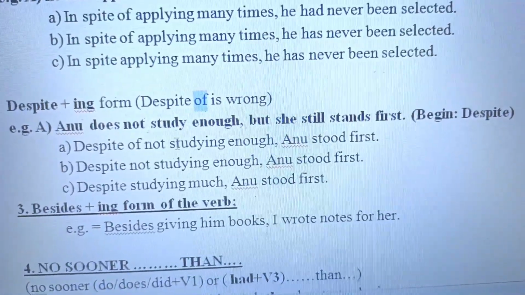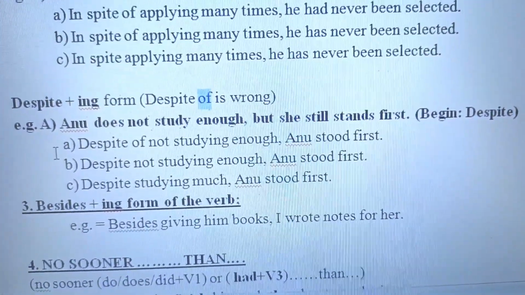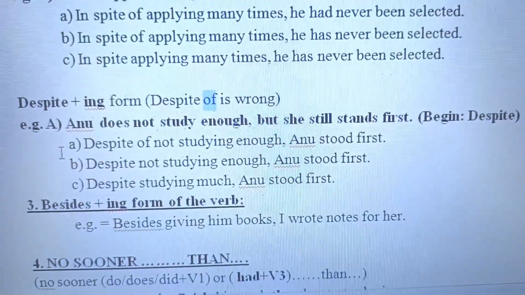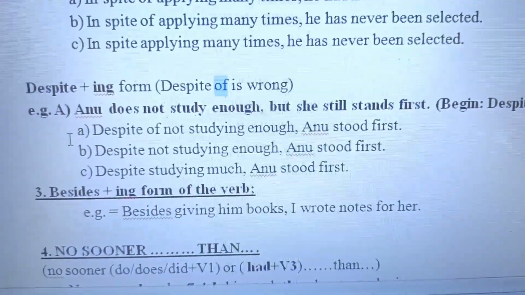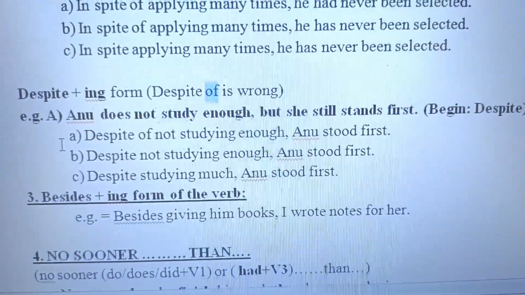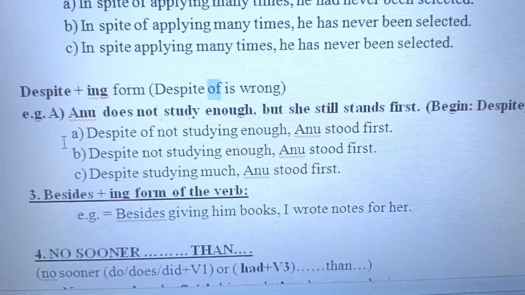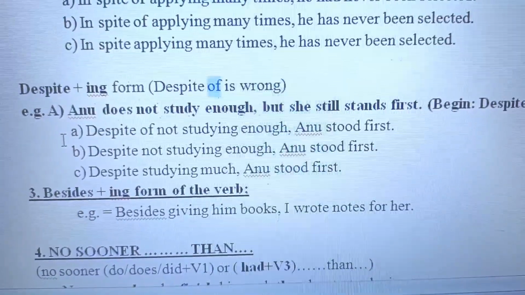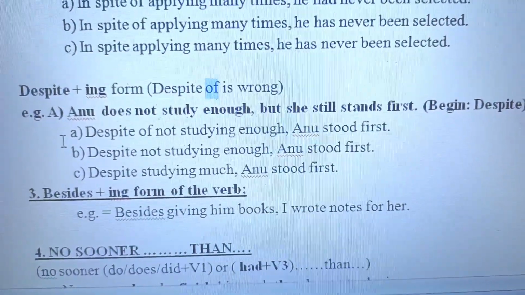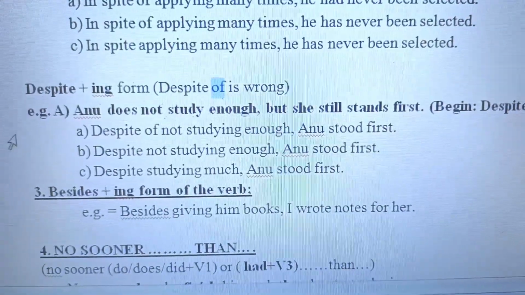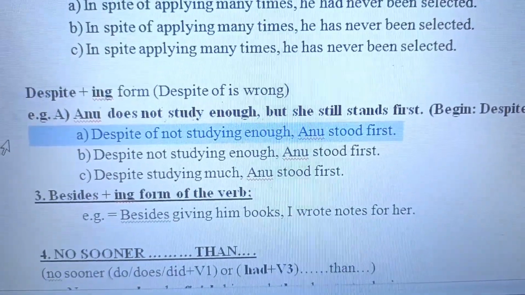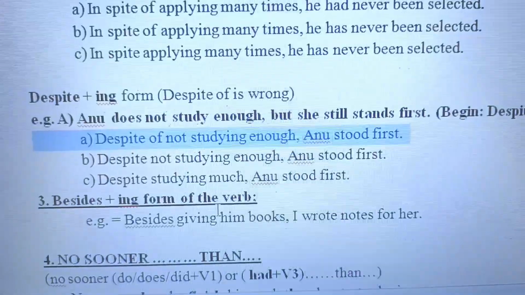And options are A. Despite of not studying enough, Anu stood first. Option B. Despite not studying enough, Anu stood first. Option C. Despite studying much, Anu stood first. So now option A is not correct because despite of is used.